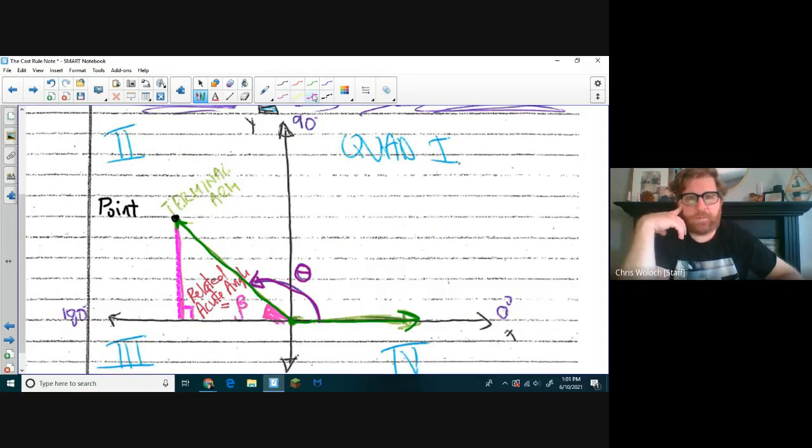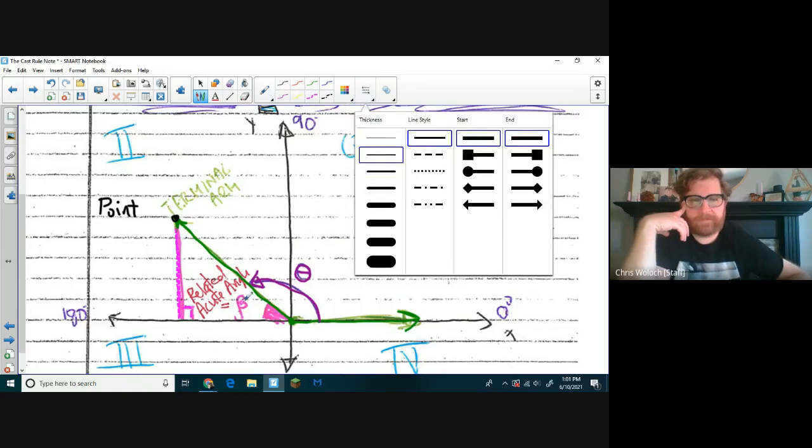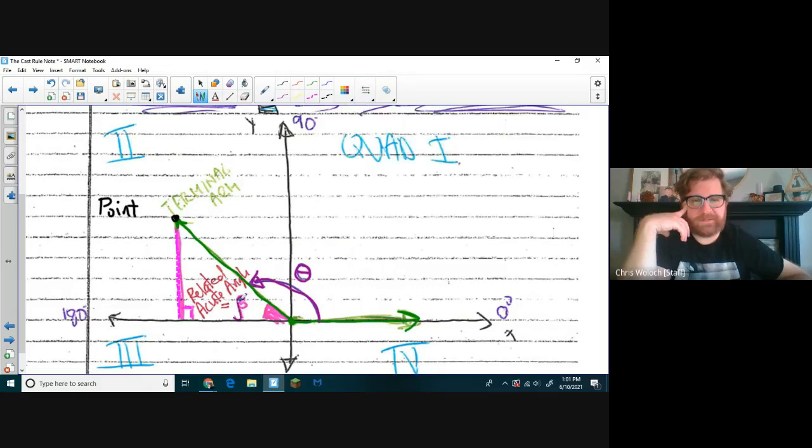So notice one slight difference: this angle, I've used the symbol beta. So I'm in the quadrant where theta is between 90 and 180, but this beta here, I have it labeled there, and I'll just write it again. Beta is what we call the related acute angle.